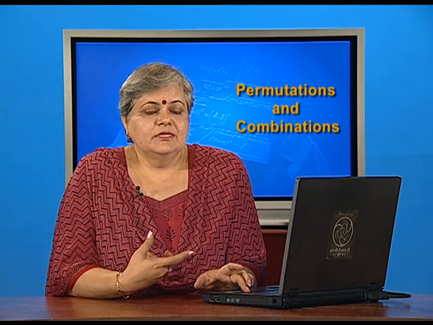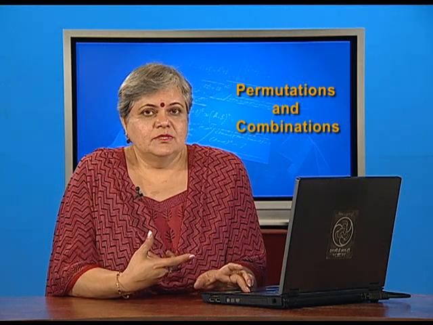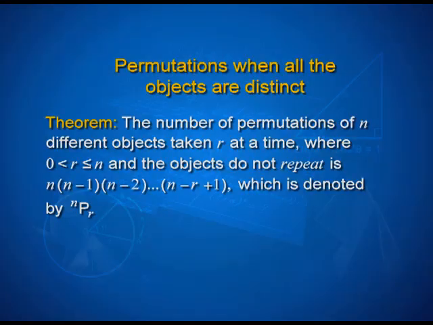So, when permutations have to be figured out for objects which are all distinct, there is a result, and the result says that the number of permutations of n different objects taken r at a time, where r is greater than 0 but less than or equal to n, and the objects do not repeat, is given by this product, that is n times n minus 1 times n minus 2 up to n minus r plus 1, and it also has a notation.